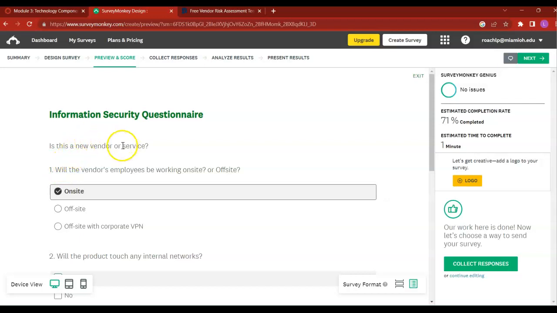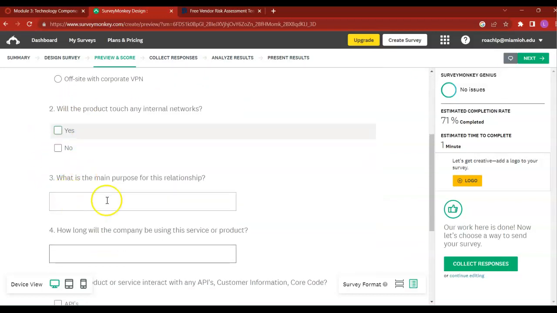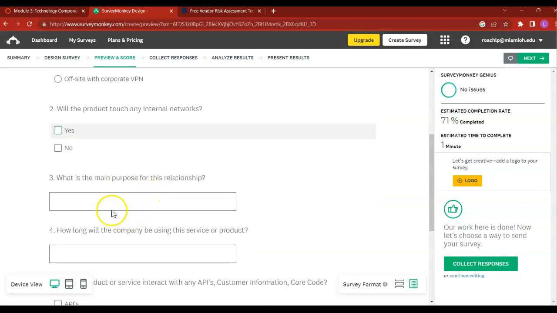But what I did find successful with this format here is the use of different types of answering elements. So there's a multiple choice, a checkbox, and a text box.